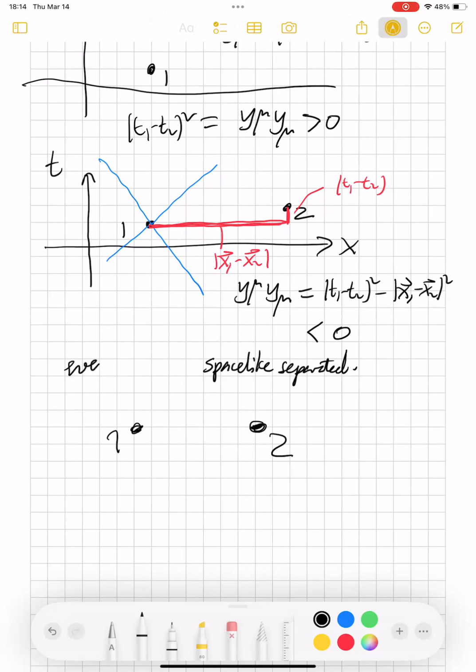We say the events are space-like separated if y mu is less than naught. And if 2 events are space-like separated, you can never move between them, because to get from 1 to 2, you'd have to move faster than light.